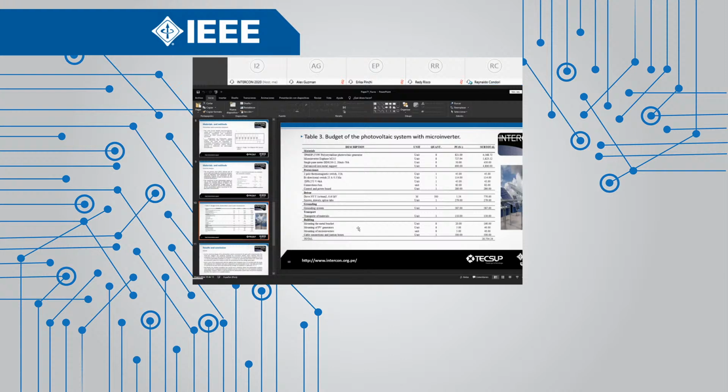Table 3, C, and book it the photovoltaic system with a microinverter. The name of description, units, quantity, the price is subtotal.